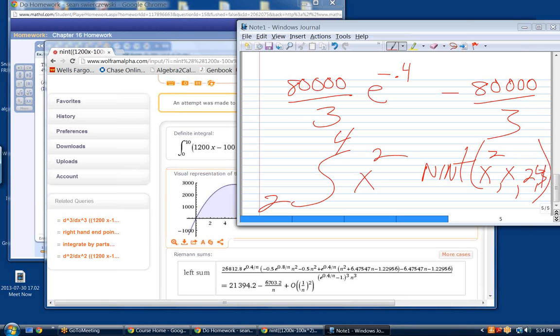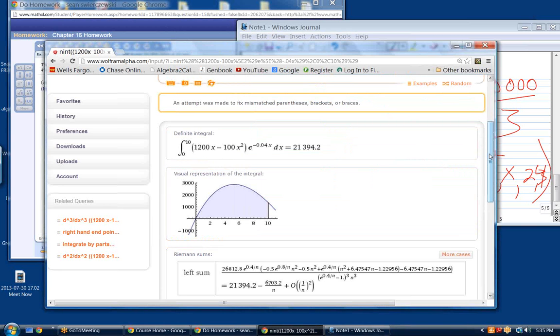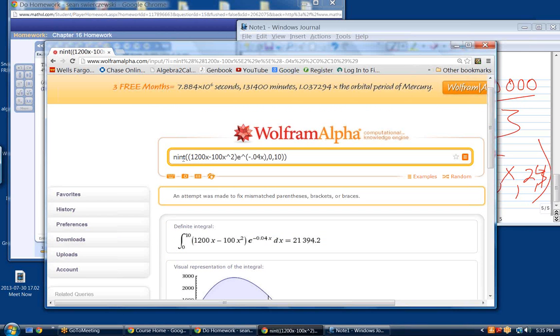Excuse me, this should have been a 4 there. So you want to type it in almost exactly the way I typed it in here. Only thing is I typed the function times e to the minus rt, and I don't have to do a comma x. This knows that it's integrating with respect to x. So I only need 3 things in Wolfram Alpha.